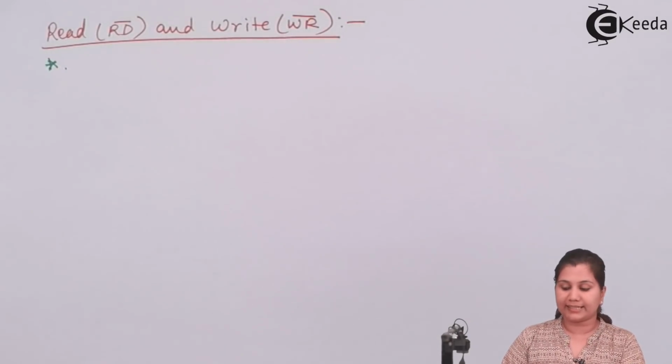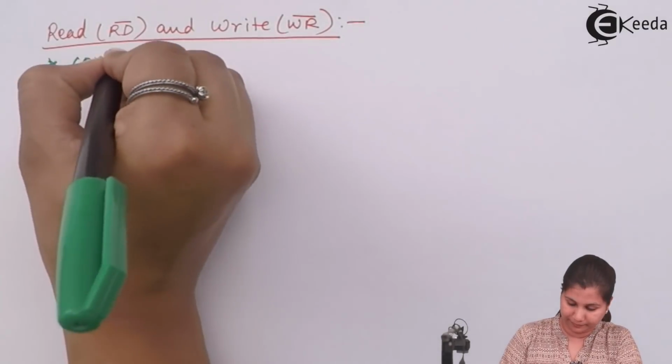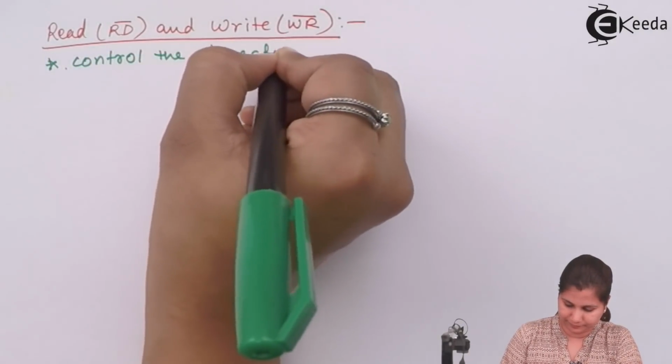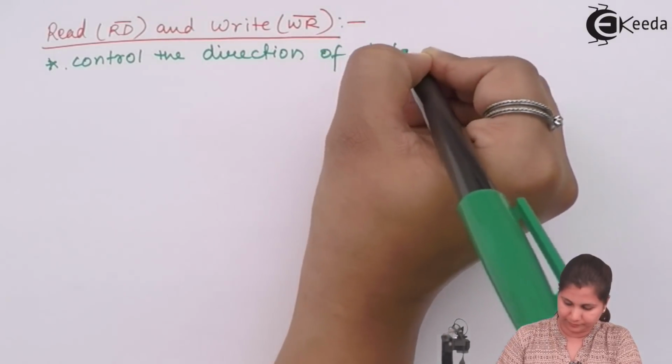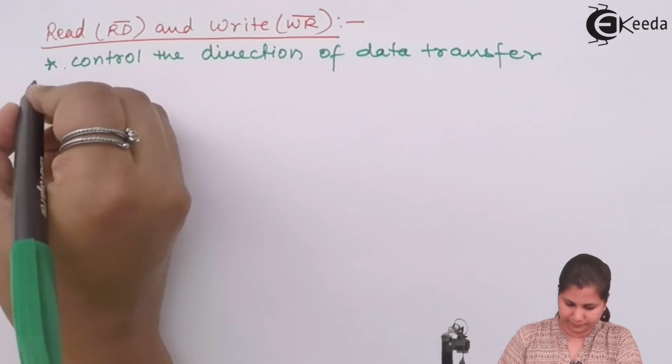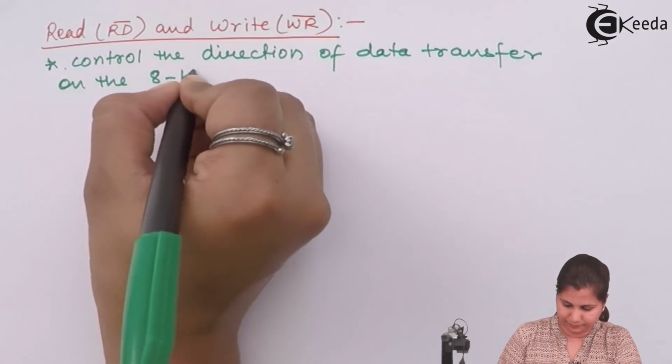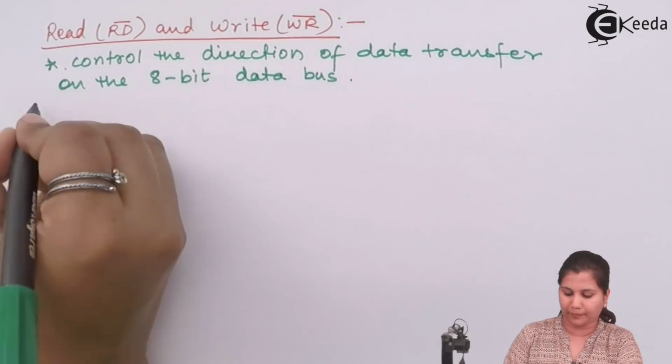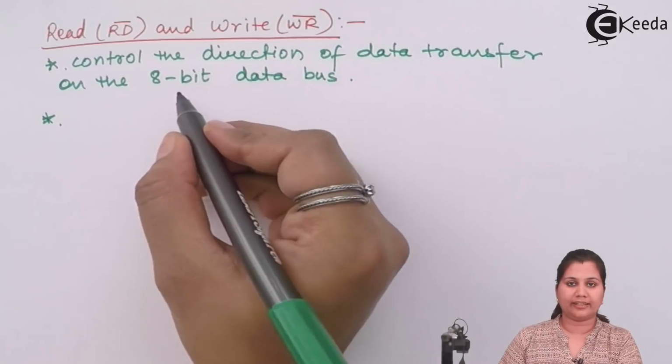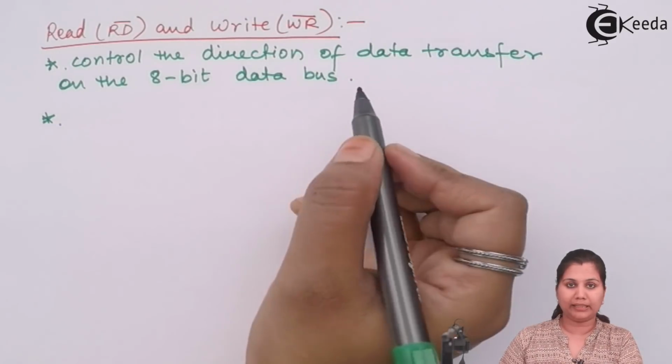The read and write signals control the direction of data transfer between the 8253 and the microprocessor, so they are controlling the direction of data transfer on the 8-bit data bus.